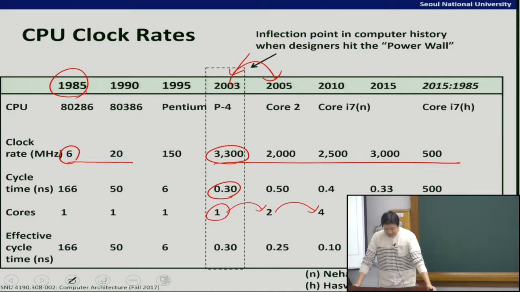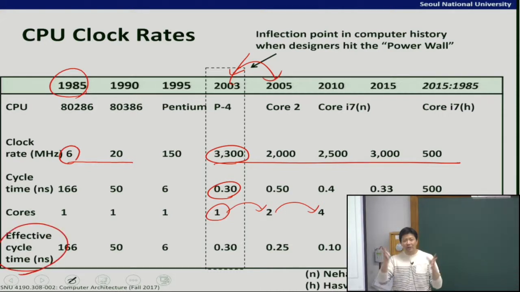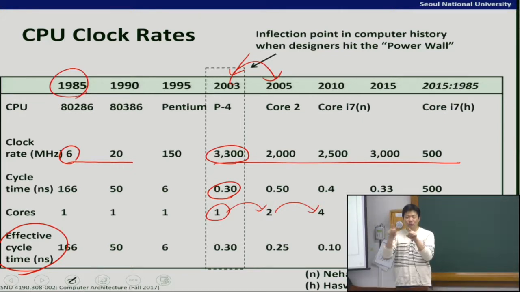So that's the CPU performance scaling trend. And this is the number of cores. And this effective cycle time is basically the cycle time divided by the number of cores, right? Because if you have a dual core, you can execute 2 instructions at the same time instead of 1. So that's reflected here.